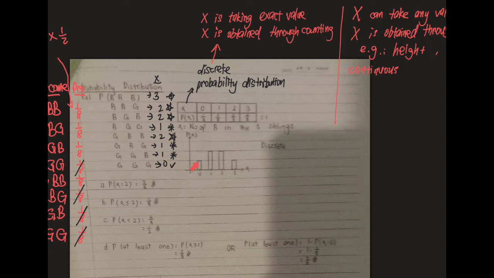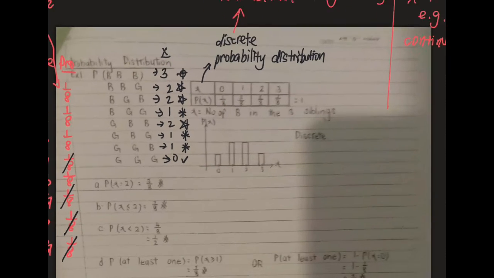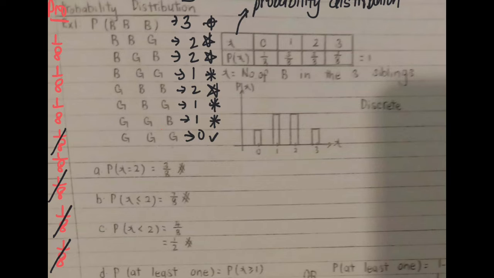When you draw this graph, you have to label at the side here. Label this as 1/8. Then the next one, when x is 1, the probability is 3/8. So 3/8, you have to label here.